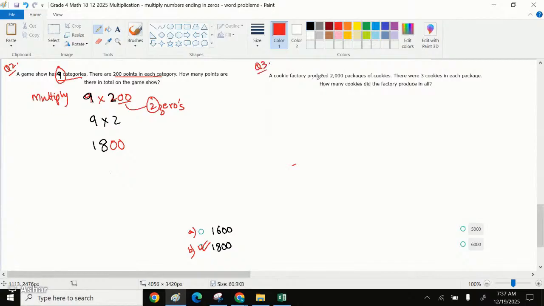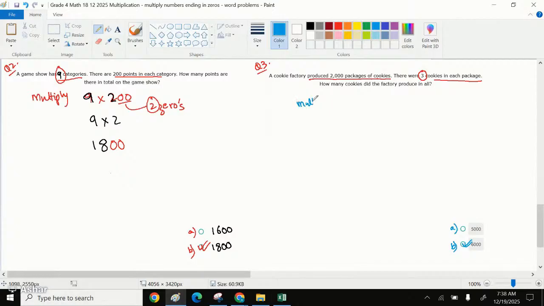A cookie factory produces 2,000 packets of cookies, and there are 3 cookies in each packet. So we need to find the total number of cookies. What should it be? 5,000 or 6,000? Yes, it's 6,000. How did we find 6,000?